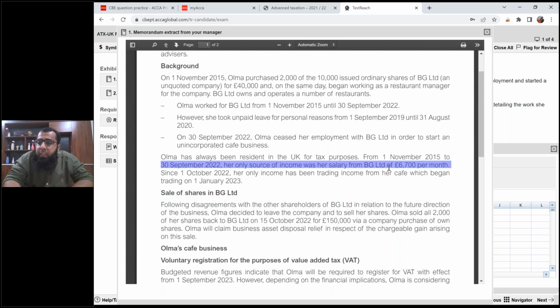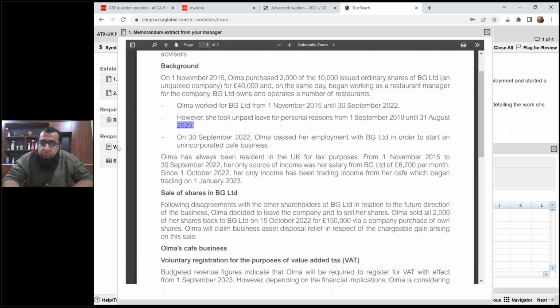Her only source of income was the salary of 6,700 pounds per month. Due to personal reasons, she took an unpaid leave from September 19 until August 20.